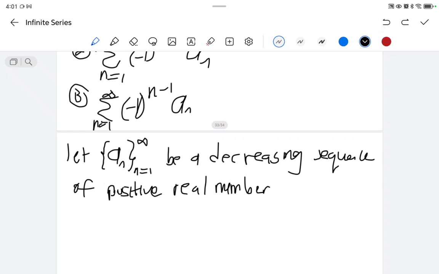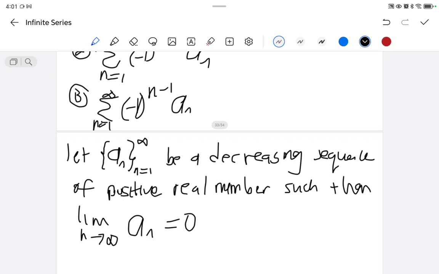So we can say that we let this a of n be a decreasing sequence of positive real numbers, such that the limit as n approaches infinity of a of n should give us 0. You see, right? So this should give us 0.